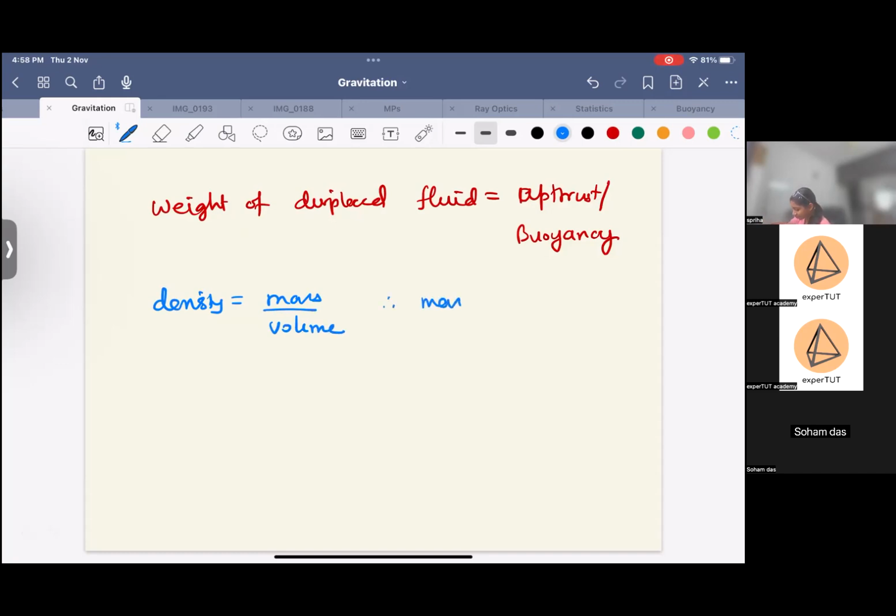Therefore mass is equal to density into volume. Then the next concept is weight is equal to mg, basically mass into gravity.